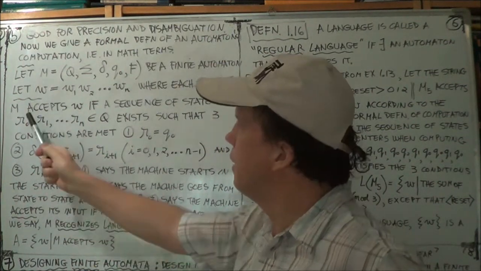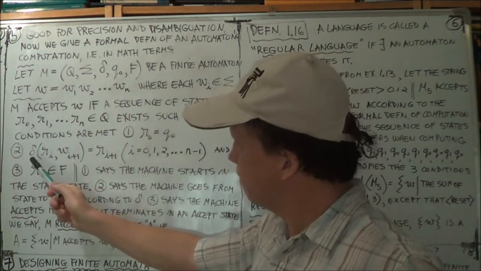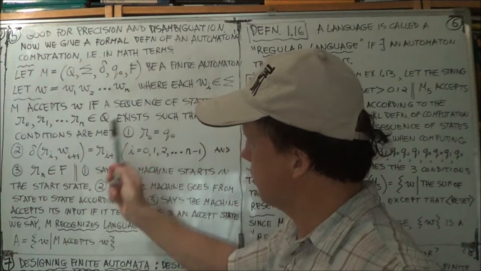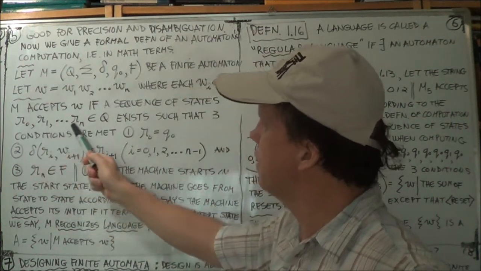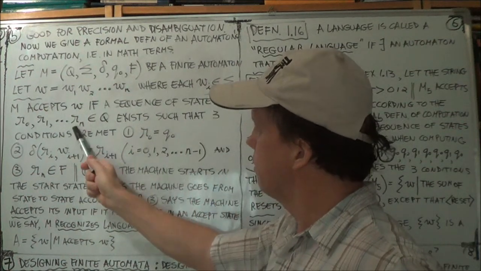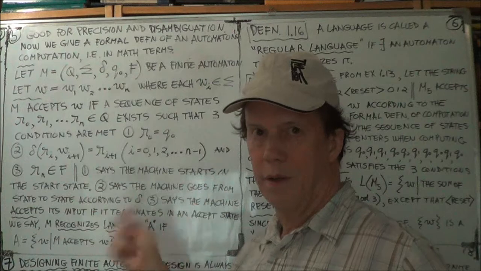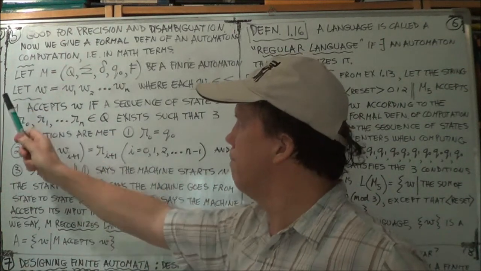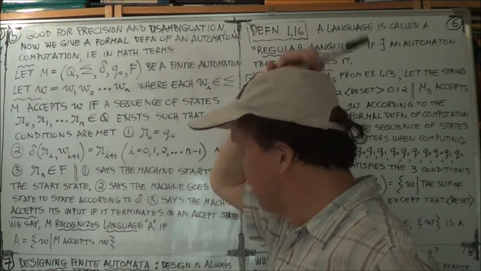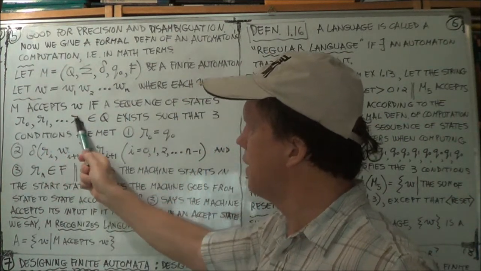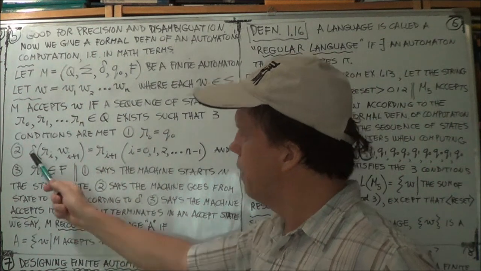That's possible. But anyway, you've got this sequence. So that means that if the machine goes through that sequence and ends up with a final state that belongs to F, you know that machine M accepts that string.